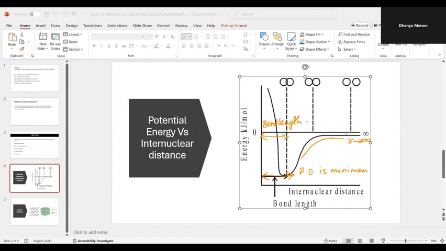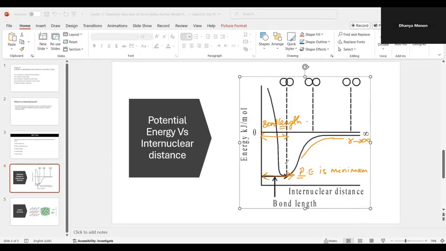So as the atoms come closer, the potential energy is reducing. And at this optimum distance, the potential energy is minimum, or the other way around. When the potential energy is minimum, the atoms are at optimum bond length. And the forces of attraction are maximum, and they are held by strong forces of attraction.